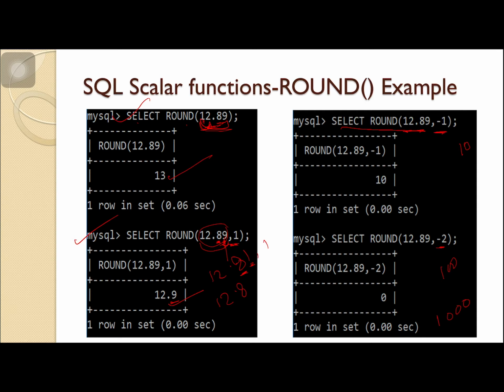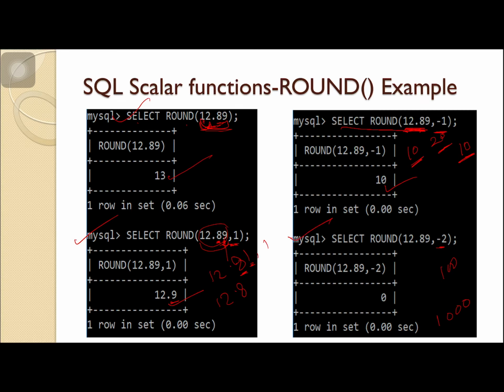So if I write select round 12.89 comma -1, it means give the nearest 10 of this number. 12.89 falls between 10 and 20. Which one is nearest to 12.89? It's 10. Then the output will be 10.